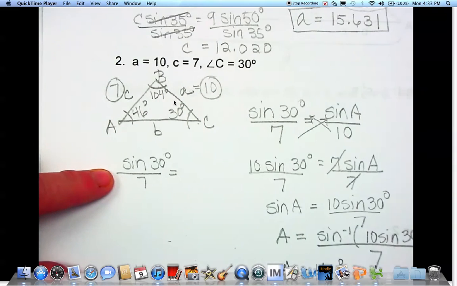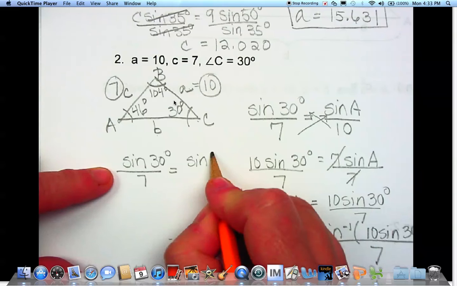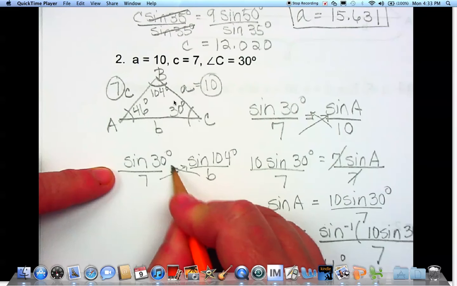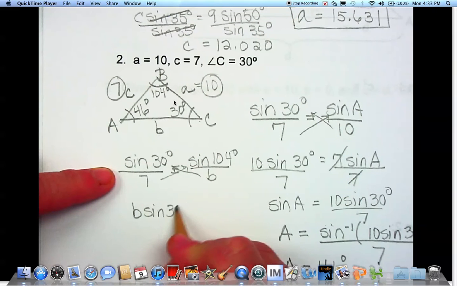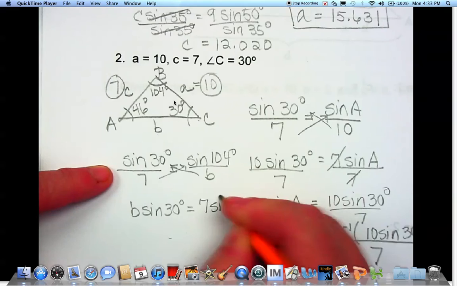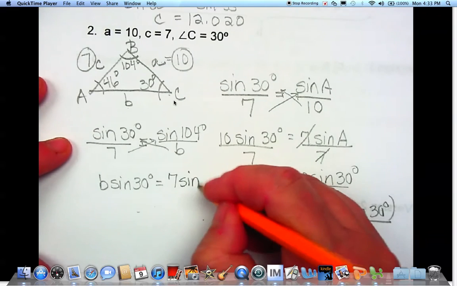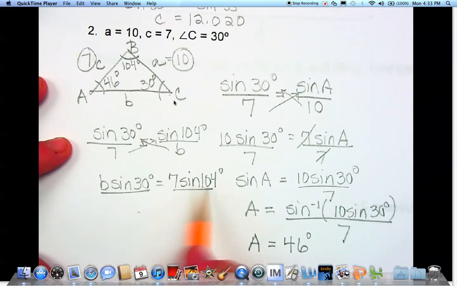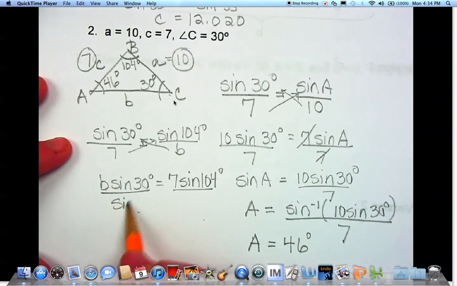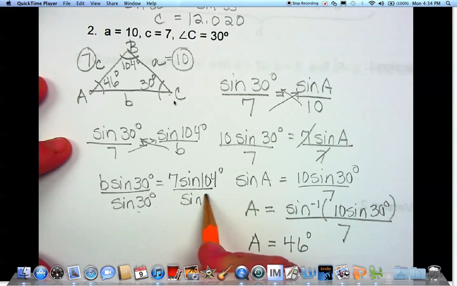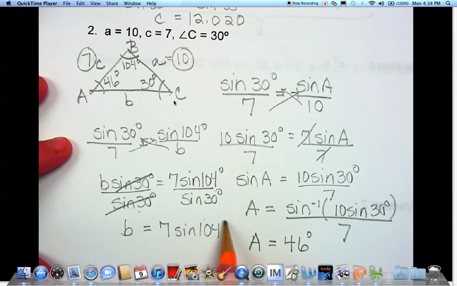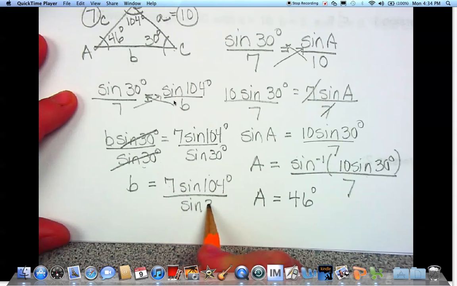Okay, so sine of 30 over 7 equals the sine of 104 degrees over b. Cross multiply. So b sine of 30 degrees equals 7 sine of 104 degrees. We're going to get b by itself, so we divide both sides by the sine of 30.